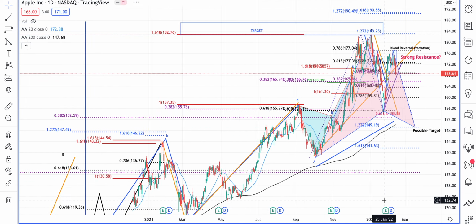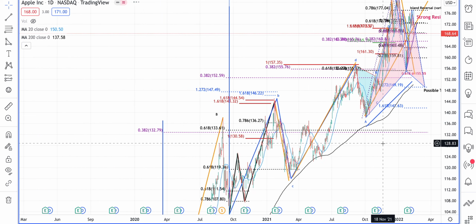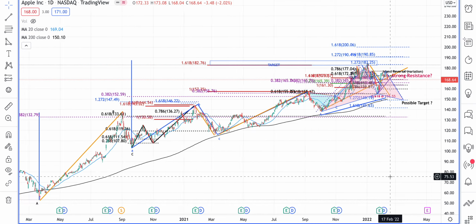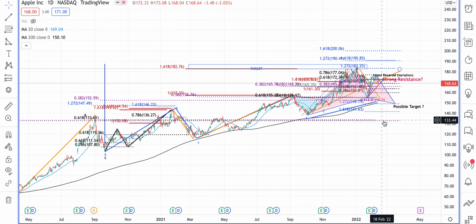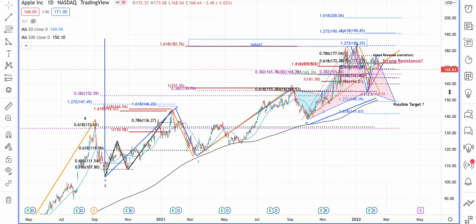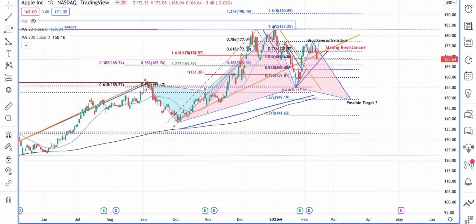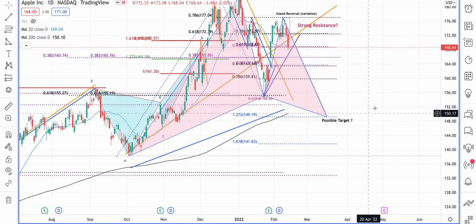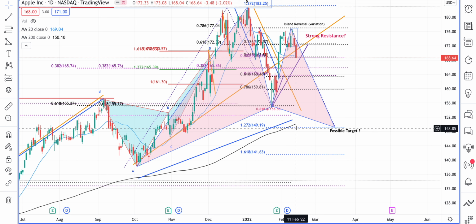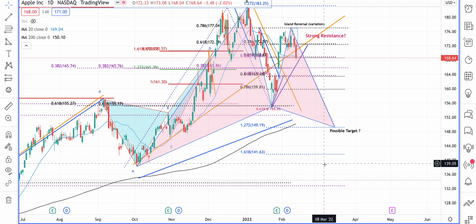And if that is the case, then we have this target of $132 per share in that region, which will be the place for any possible support, if that scenario is likely to play out, meaning that the price begins to close below the 200-day moving average and below these levels, then we could be looking at price going much lower to around the $132 per share level.